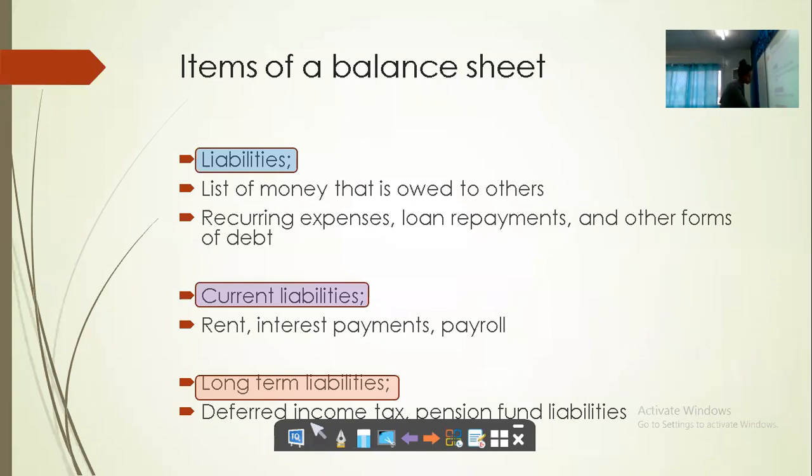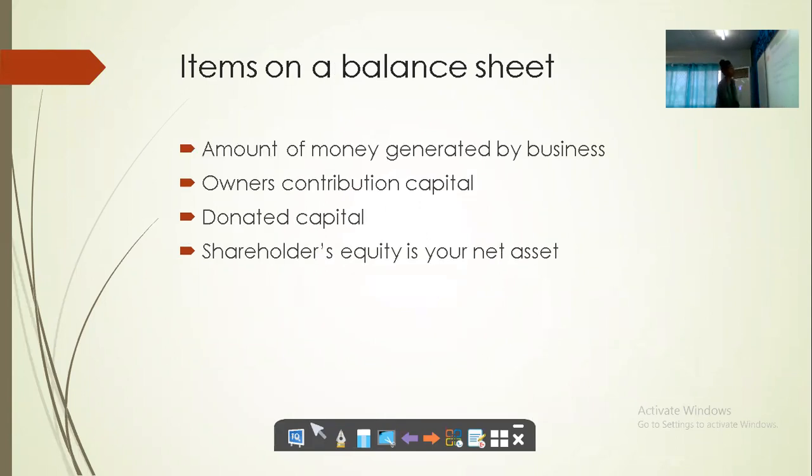Examples are as stated here: deferred income tax, pension fund liabilities, and so on and so forth. So, any questions so far?